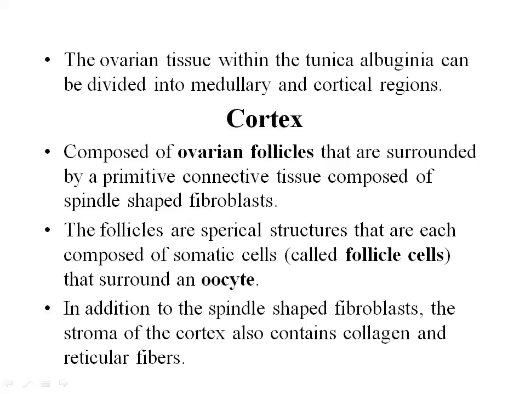In the cortex, the cortex is composed of the ovarian follicles. Ovarian follicle, this is a new word for you, maybe. The ovary is a site where oogenesis occurs. That means there is a germinal layer and it forms the oocytes.